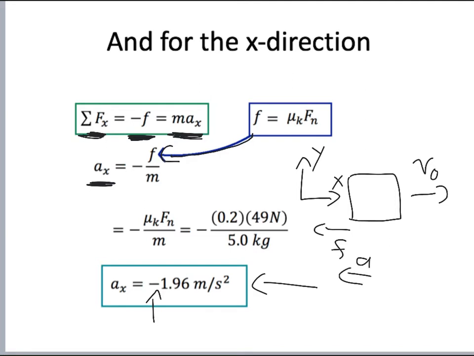And what does that mean when the acceleration is in the opposite direction of the velocity? If you remember, that means it's slowing down. So that's what the information tells you, that this is accelerating in the negative direction, and since the velocity is in the positive direction, it's going to be slowing down. Eventually, it's going to slow down until it stops.